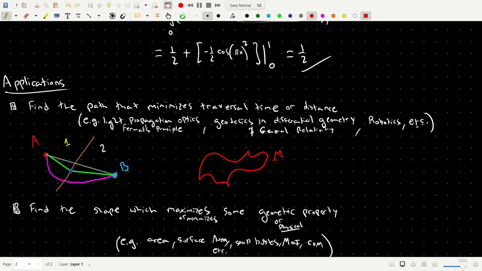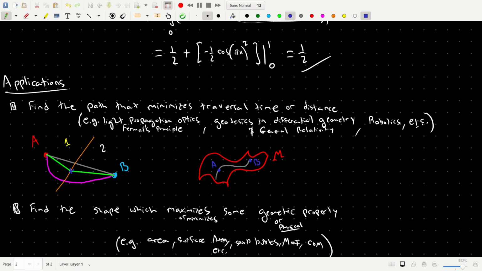And let's say you want to find the path on this manifold that gives you the shortest possible path, or the curves on the manifold that are the shortest possible length to get from two points on the manifold. You want from, say, A right here to B right here.